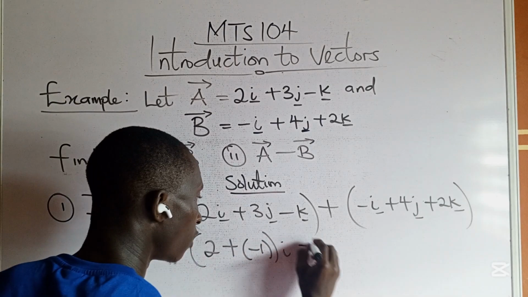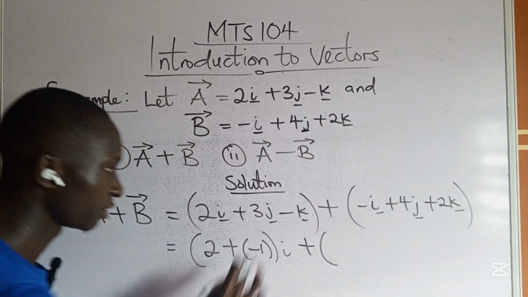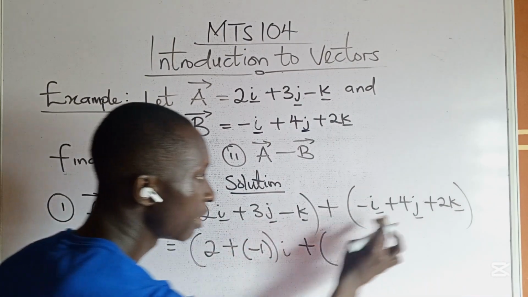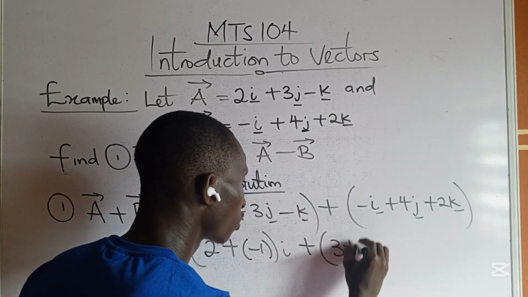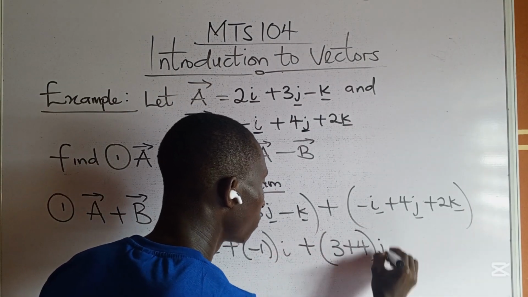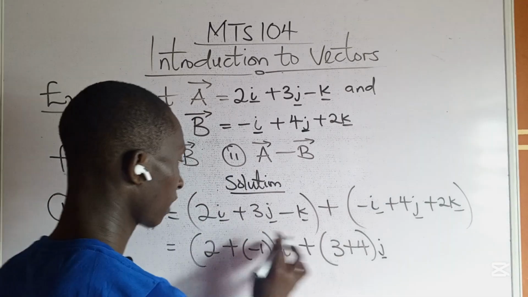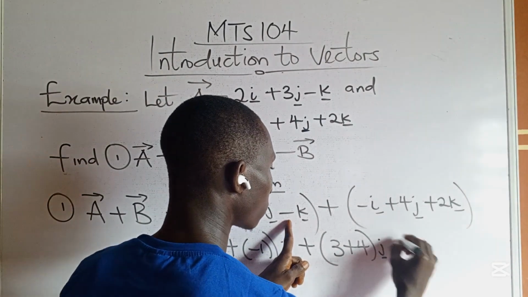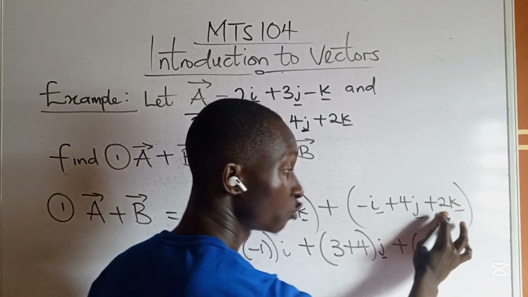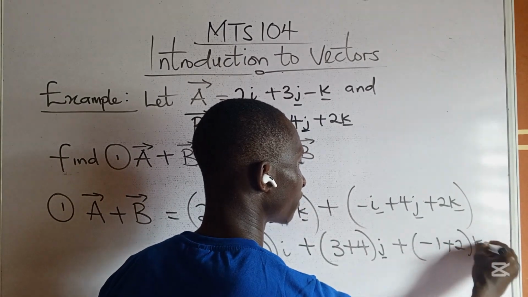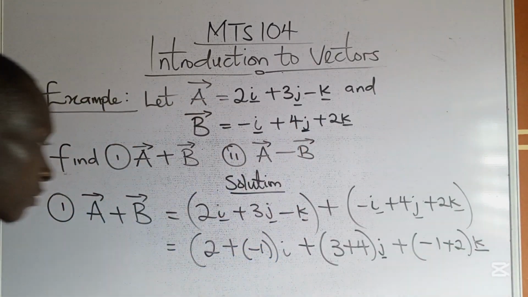Plus, now let's move to j, this is 3 plus 4, j. Here you have minus 1 plus 2, and that is for the k component.